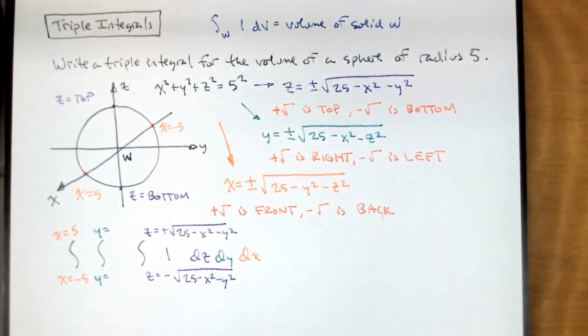Any questions? So we've got to get those ones in the middle. We've got to think about what's going on. We're going to have to go from left to right.